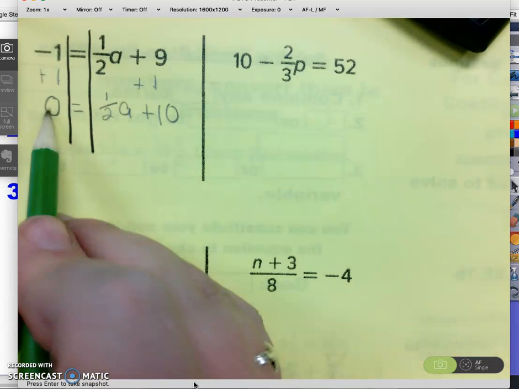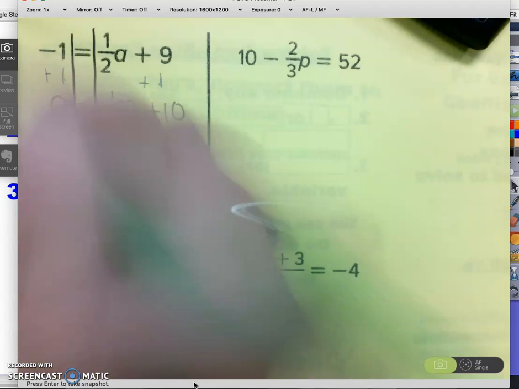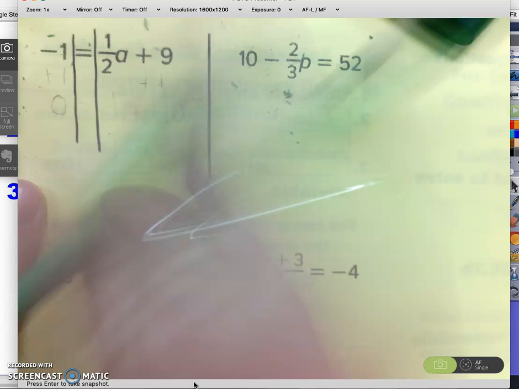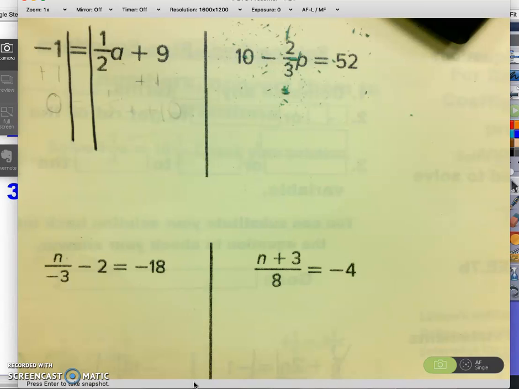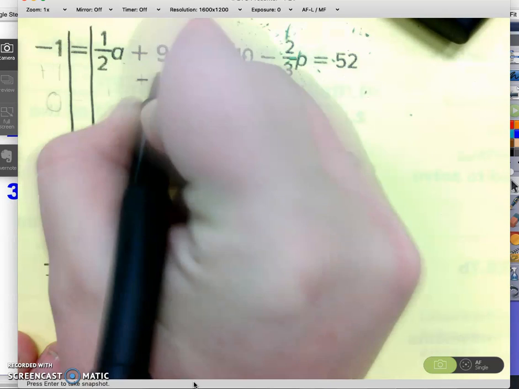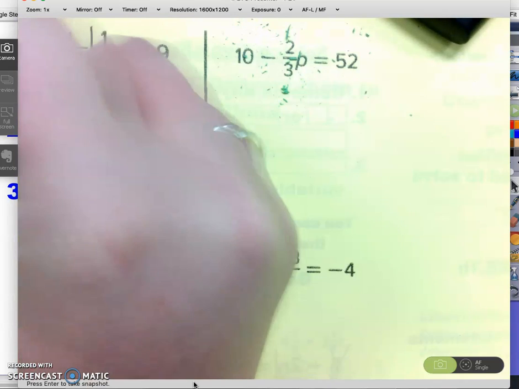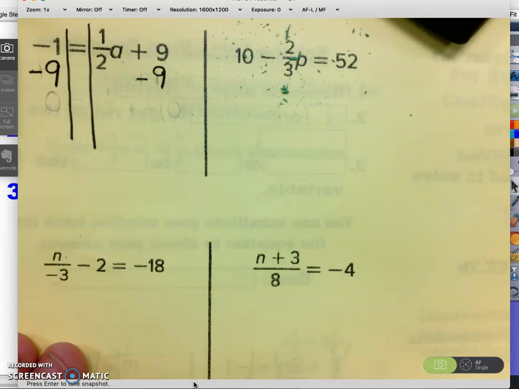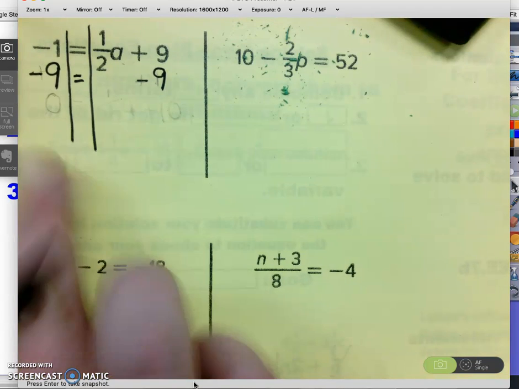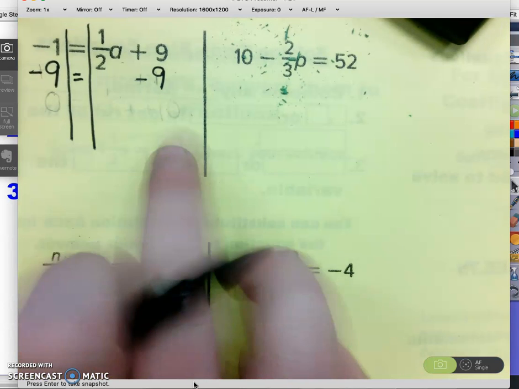And then they say, oh, I have to get it to the other side, right? I need something over here. So you don't want to do that. That's why you want to get rid of that +9, whatever is happening on the side with that variable, because our goal is to isolate the variable. So we would subtract 9 on both sides. It's also good to notice that we had 0 and a 10 over here.